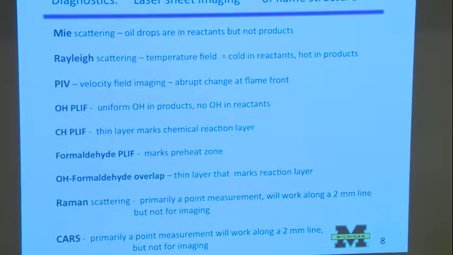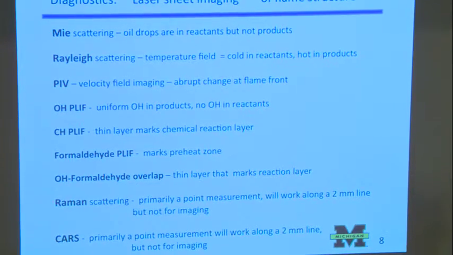Formaldehyde is another radical that you can image, and I'll show you some. It's again due to the breakdown of the hydrocarbon fuel like methane into formaldehyde, CH2O, and it fluoresces very nicely, and it does mark where gases are hot on the reactant side of a flame. A technique developed at Sandia and at Cambridge that we're using is OH formaldehyde overlap.